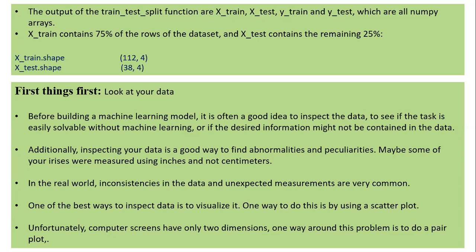One of the best ways to inspect data is to visualize it. One way to do this is by using a scatter plot. You take the data points and put them into a scatter plot, where you can visually see how many classes there are.